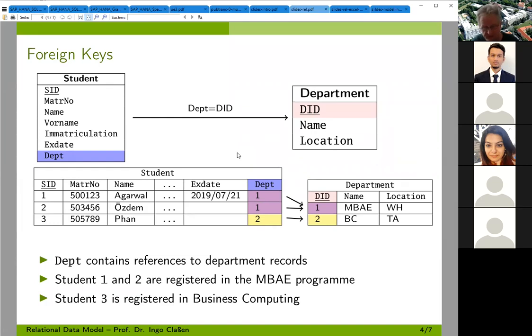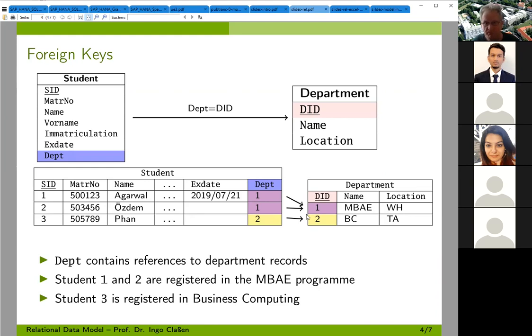You do data modeling and then check if your model is correct with respect to the domain, usually in the requirements engineering phase when building such a system. This is not so much our concern in this course, but during the introduction of the relational data model, I would like to mention that aspect.